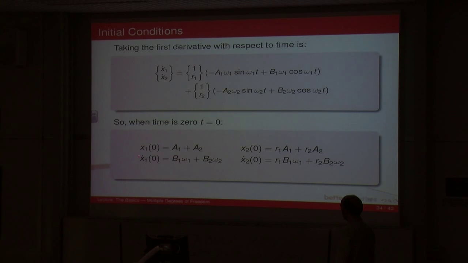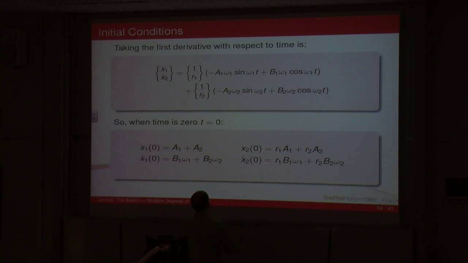Then for the displacement, you stick in 0 for t into this equation. For x1 dot, you've got 1 times b1 times omega 1 plus 1 times b2 times omega 2. You stick in t equals 0 into this and find x2. We've got r1 times b1 omega 1 plus r2 times b2 omega 2, which is this there.